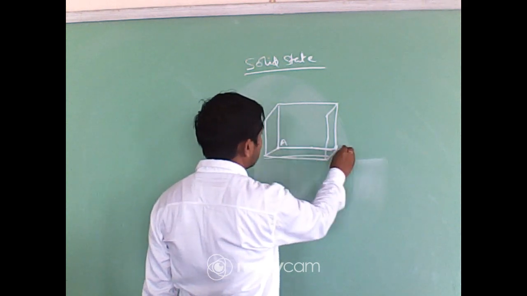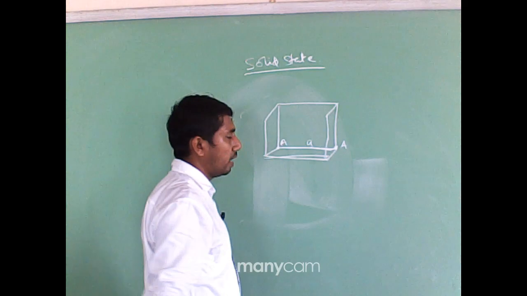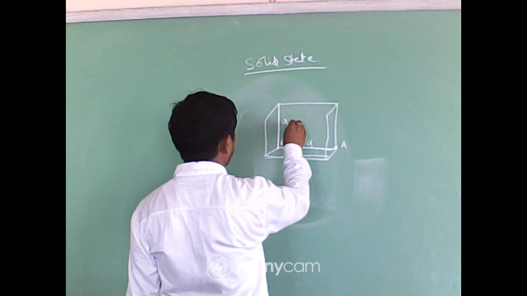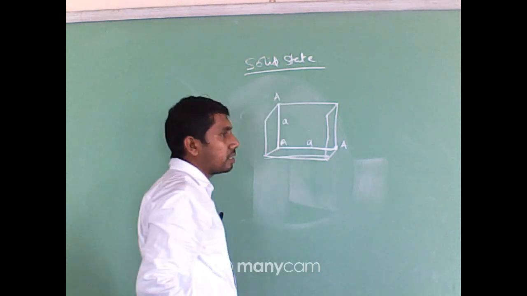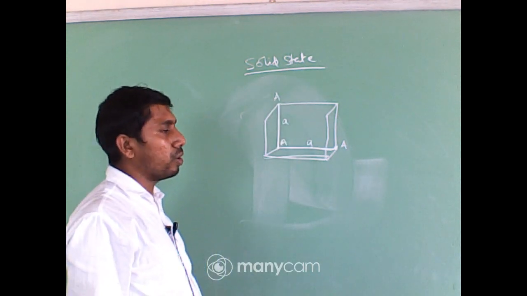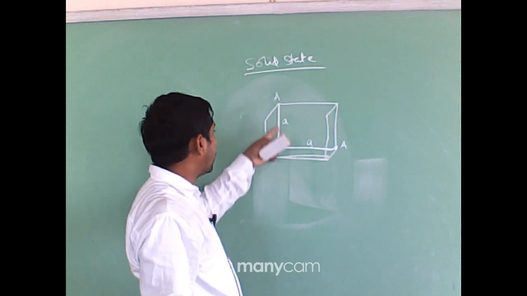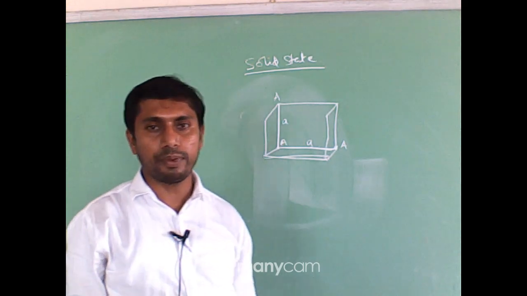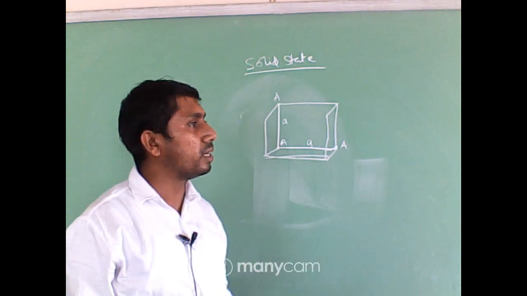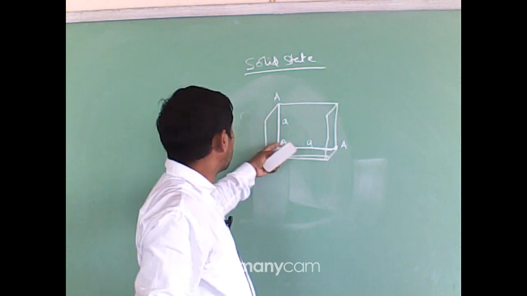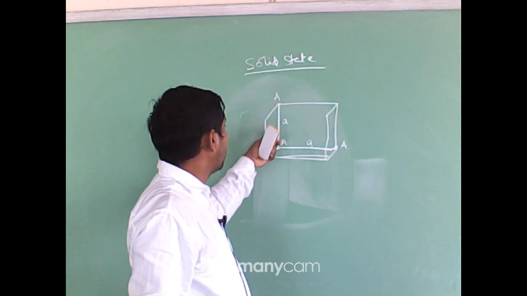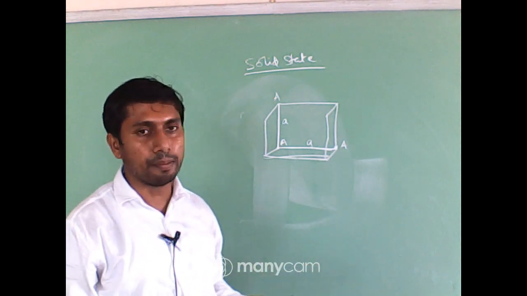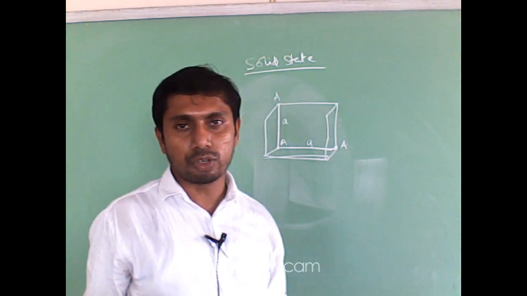This is A, this is also A. When we move the same distance along another axis, we meet another point. This is also A. So, these points that we found after covering a distance from a fixed point: we travelled A, we got A; here we travelled A, we got A. When we get the same point, this is called anisotropy.